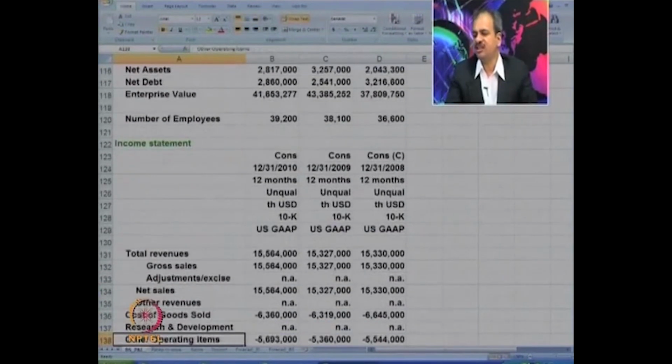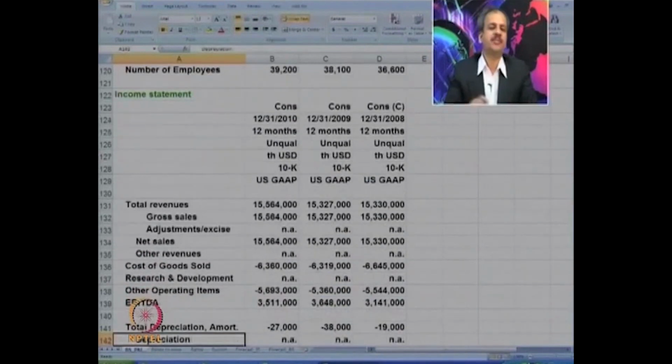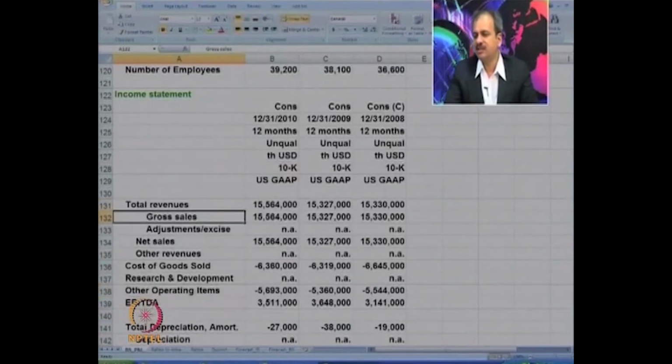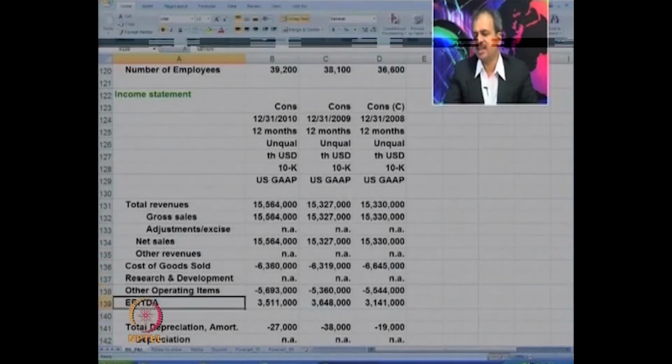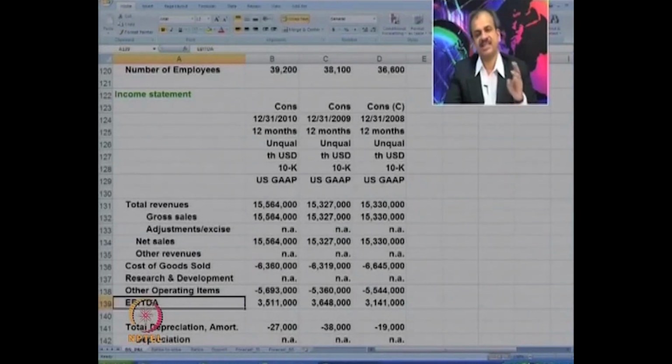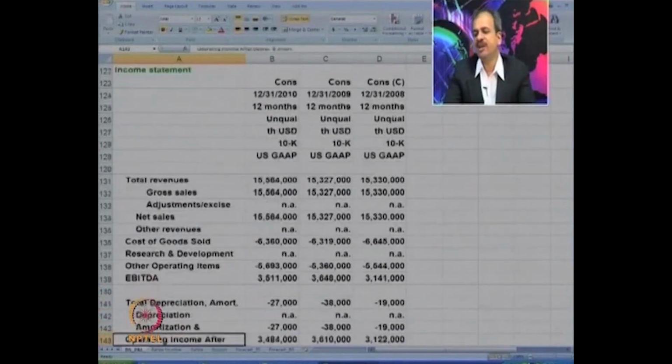Below the balance sheet, income statement is given, income statement or P&L account. So it starts with total revenues, gross sales, adjustments, then various expenses are given, EBITDA, earning before depreciation, interest and taxes, depreciation and amortization, EBITDA as it's called, is given.